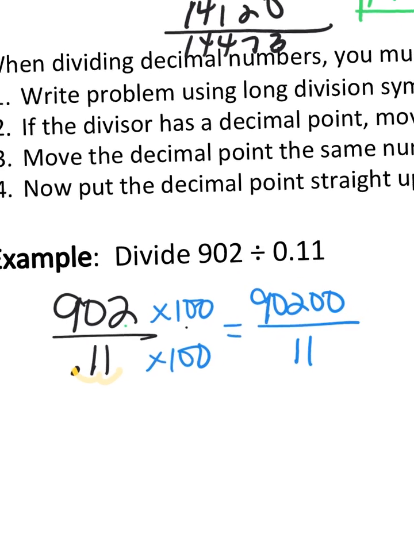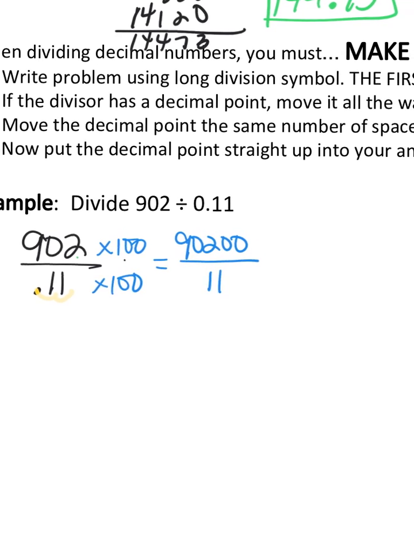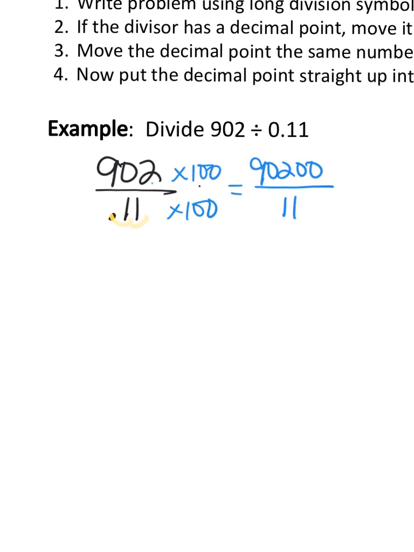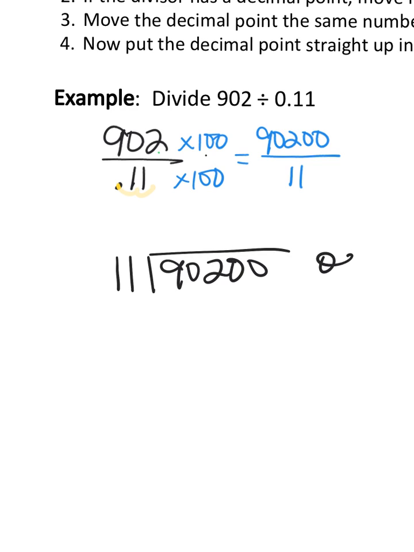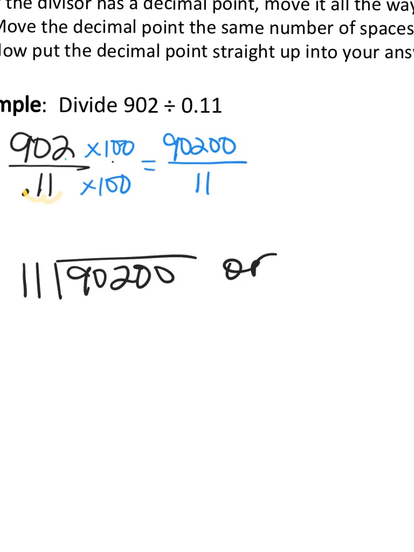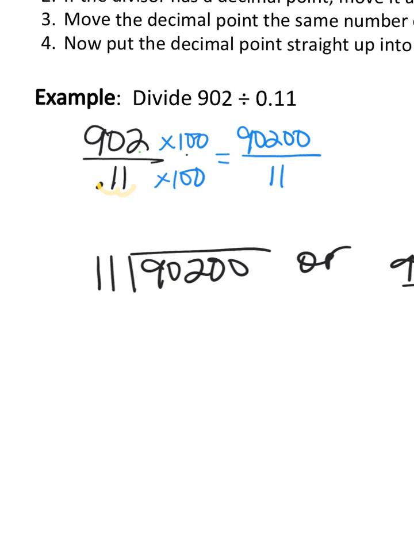So even if you want to put it back into the algorithm of long division, which you know how I feel about long division, you can do that now by doing 11 into 90,200, or you can use our method of just actually solving that as a fraction, which would be 90,200 divided by 11. So let's do both ways. So first things first, let me scooch that back over.